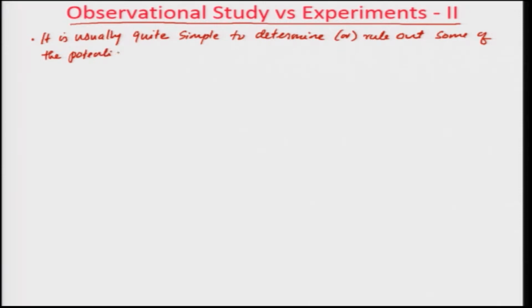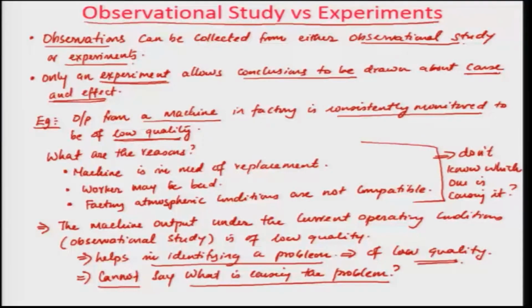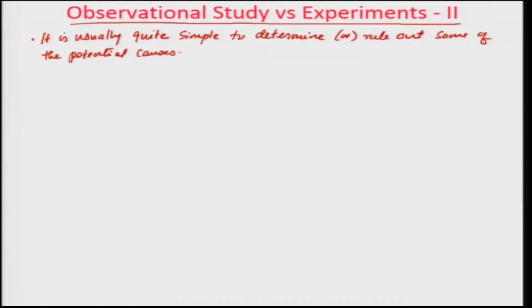I will tell you why. In this case, we thought there are three major reasons, there could be more reasons also, but these three, 1, 2 and 3, are the major reasons we thought why the machine is giving low quality output.